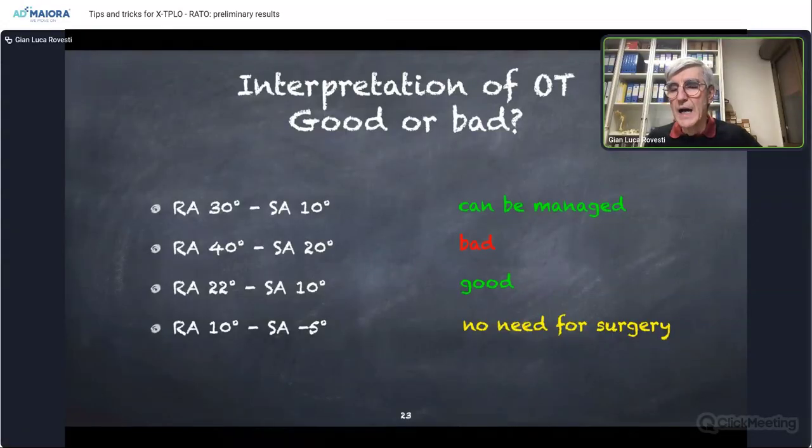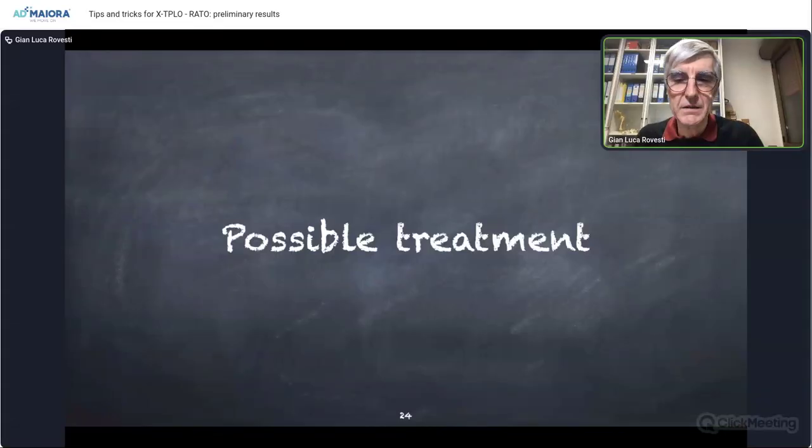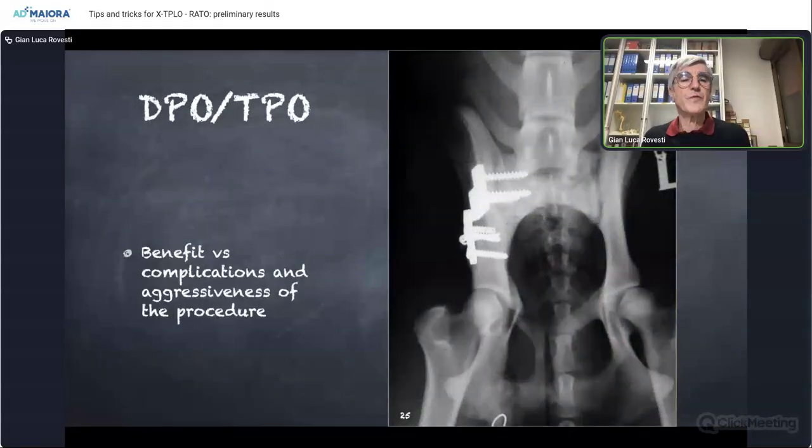We can evaluate other supportive, conservative procedures, but this is not a good candidate for surgery, or let's say not a candidate that needs surgical treatment for sure, okay? So the potential treatments that we have in this case of patients can be, of course, DPO or TPO. We are not going to go deeper into each technique, but simply to mention them.